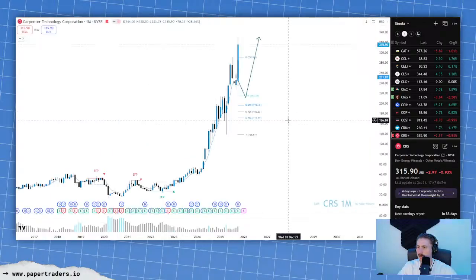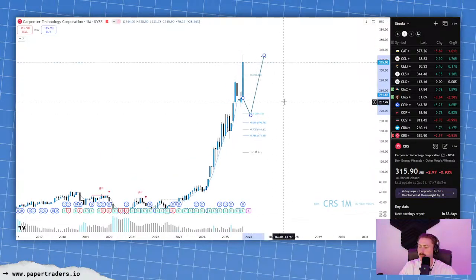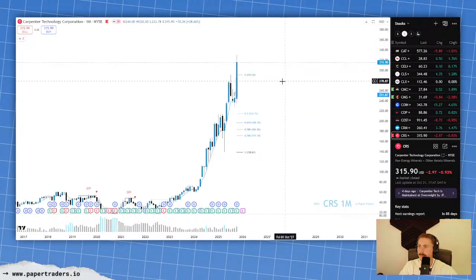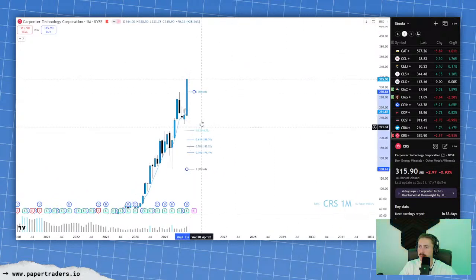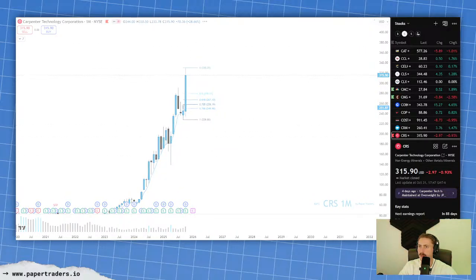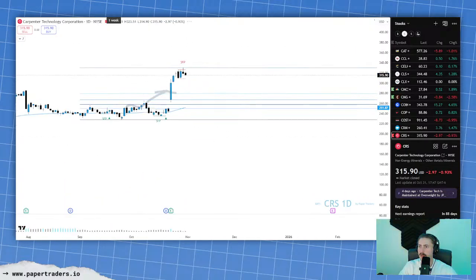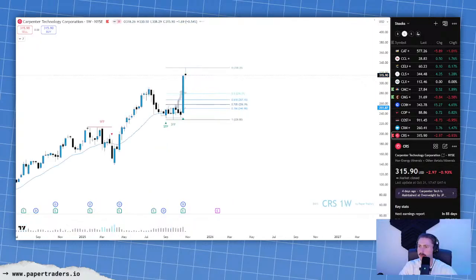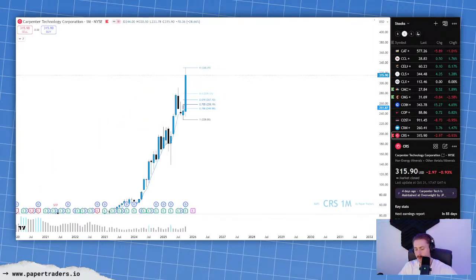Nothing on that one. CRS went nutty above this monthly, this looks good. CRS could get into this range. We'll outline that in Discord. CRS, I like that.